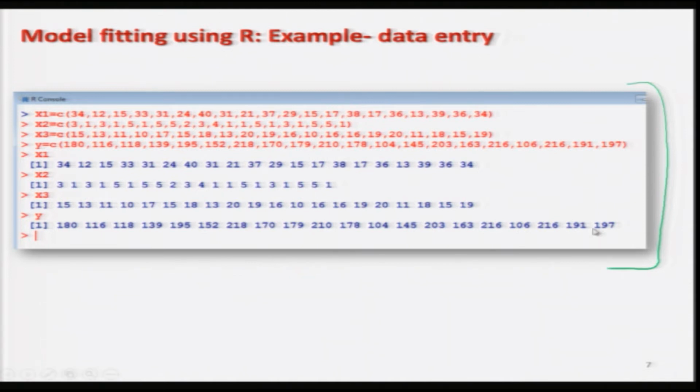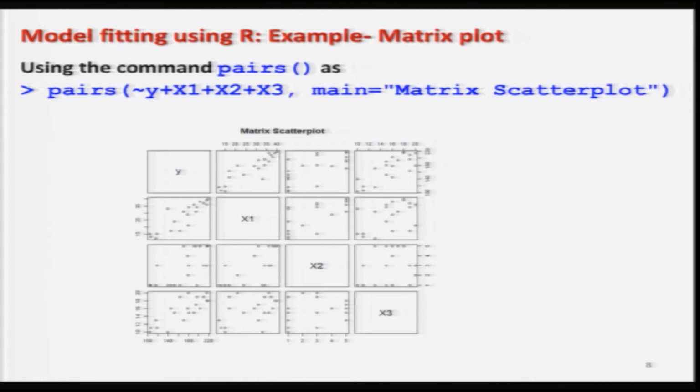Well, I will try to show you also here, but before going into the linear regression modeling, the first assumption we have to verify is whether the data has got a linear relationship or not.